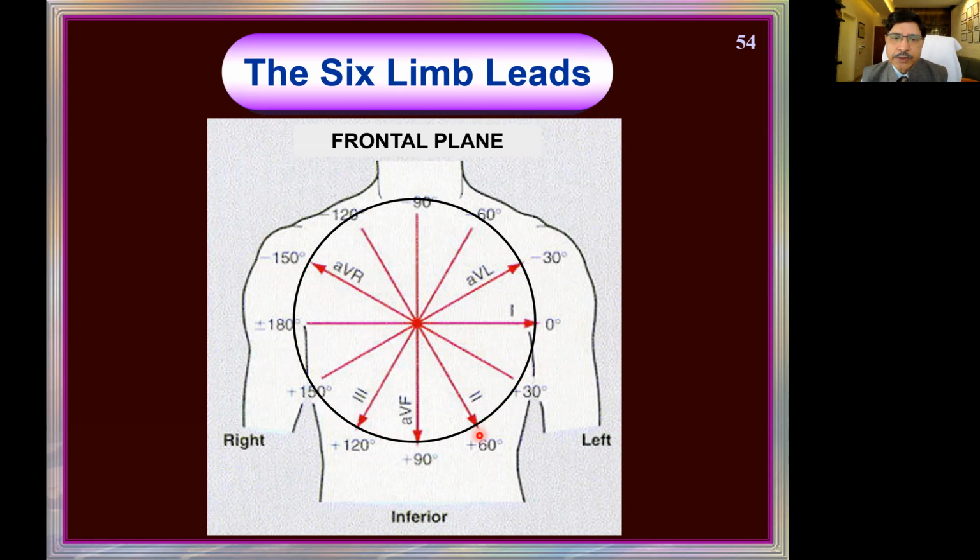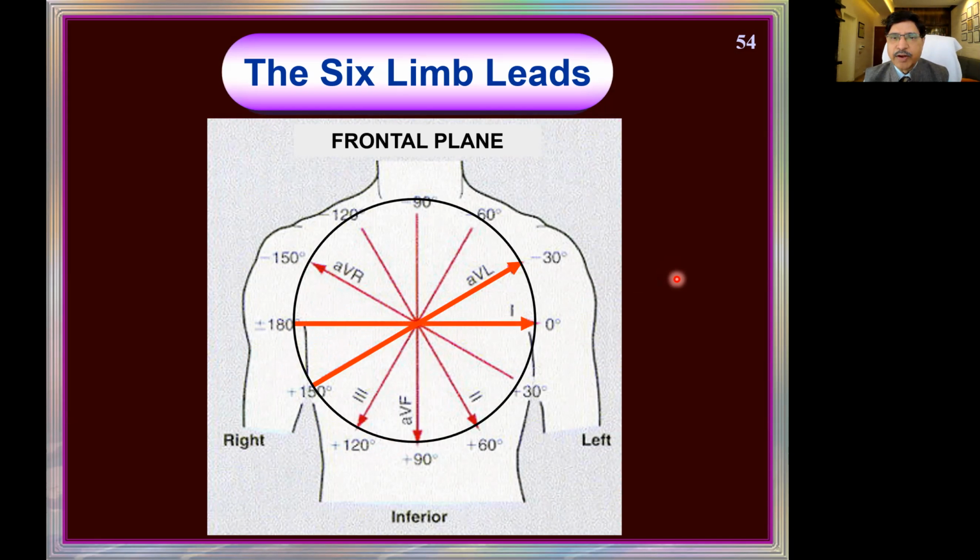L2 positive deflection 60 degrees, AVF positive deflection 90 degrees. L3 may be positive, may be negative. Okay, so this is L3 and this part is the right axis. When we go a little further, you understand it better. So that is the AVL, minus 30.